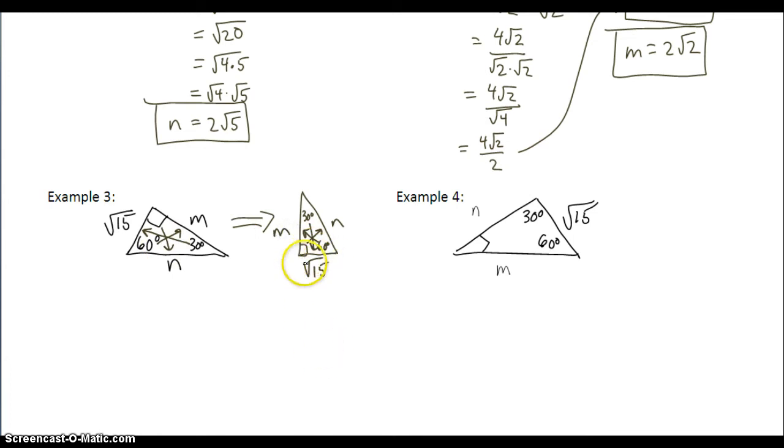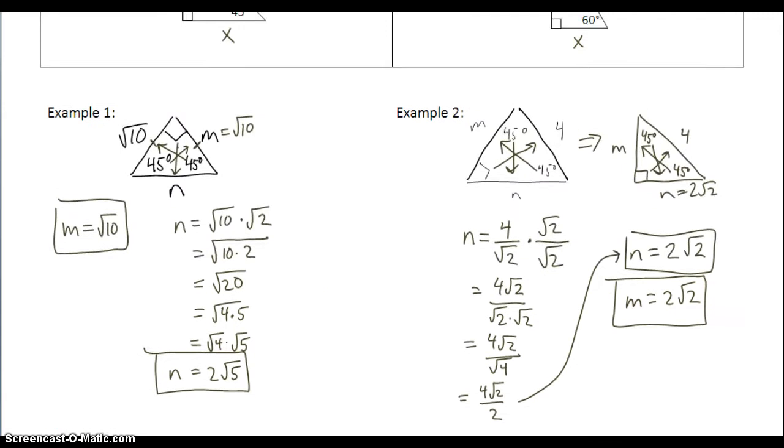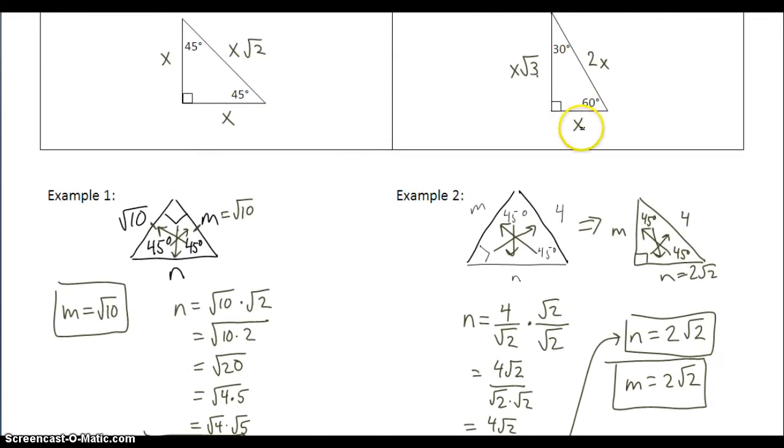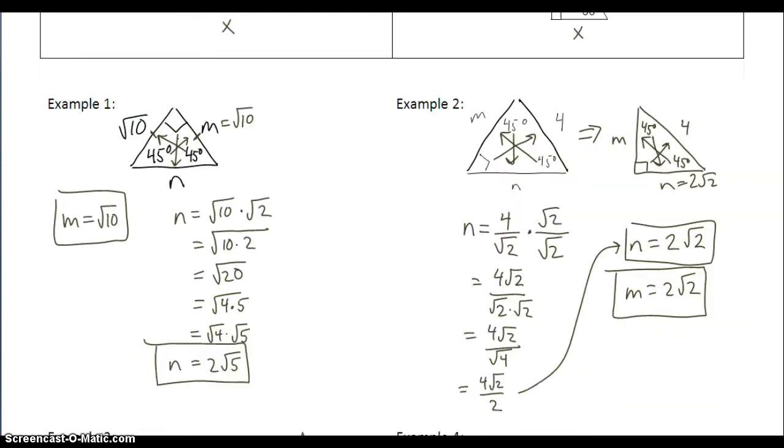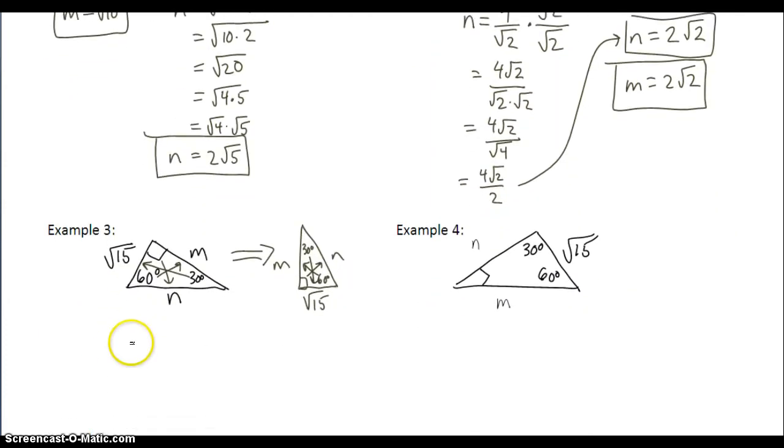So in this example, I know my shortest side. I know the x side. So from the x side, to figure out the hypotenuse, I'm going to double my shortest side. So to figure out n, I'm going to take the square root of 15 and multiply by 2. The square root of 15 times 2 simplified is 2 square roots of 15.